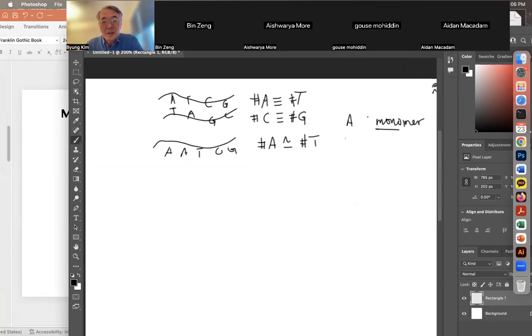If you have base 1 and base 2, two bases, I think it's called a dimer. I'm not quite sure, I need to double check that one.